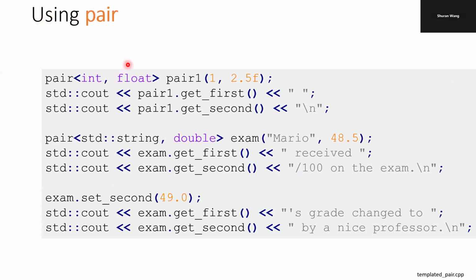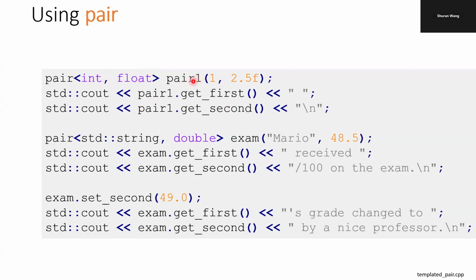Using the pair class, first, we specify the pair and the two types inside the brackets, give the pair a name, and then call the constructor, where the first object is an integer and the second object is a float.